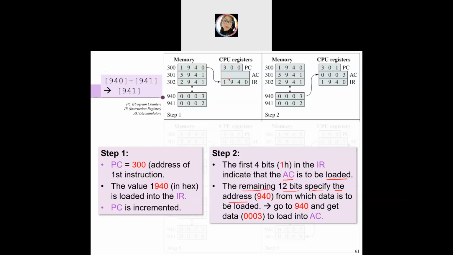After that, you have 940 as the location of the data to be loaded. So you go to this address, take the data and load it into your AC.